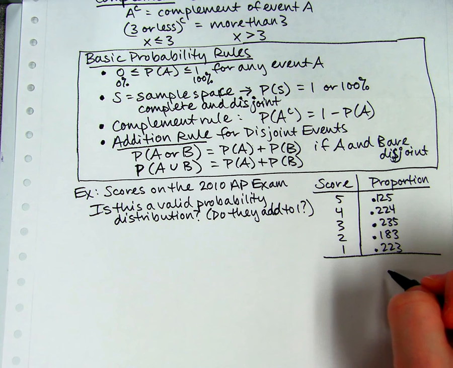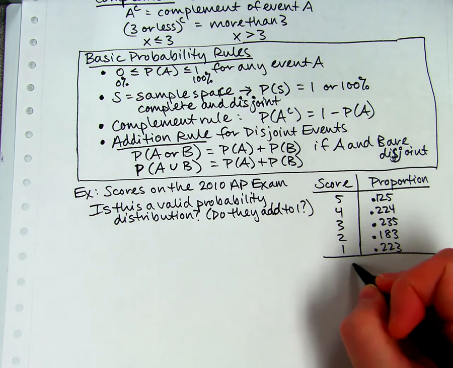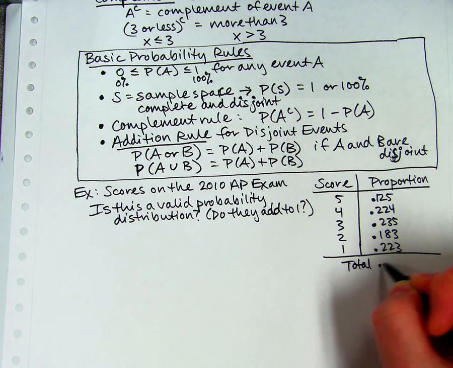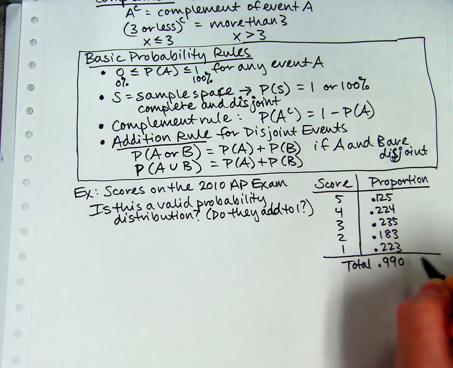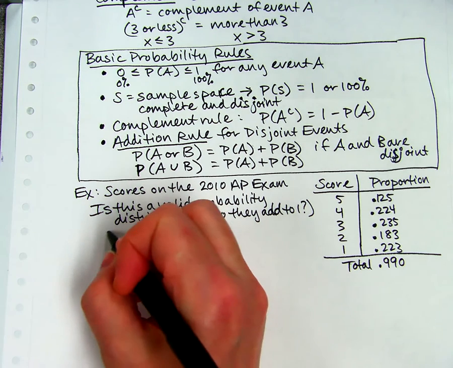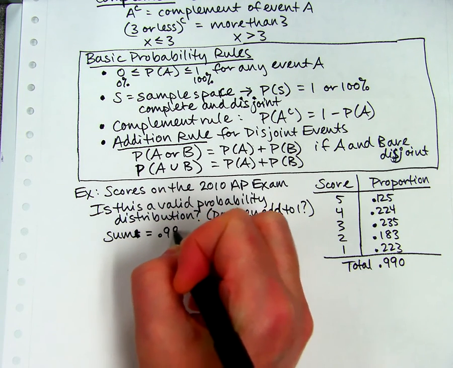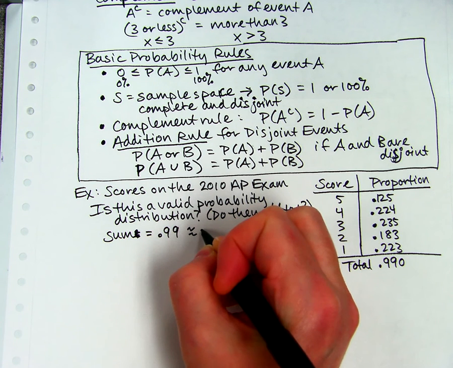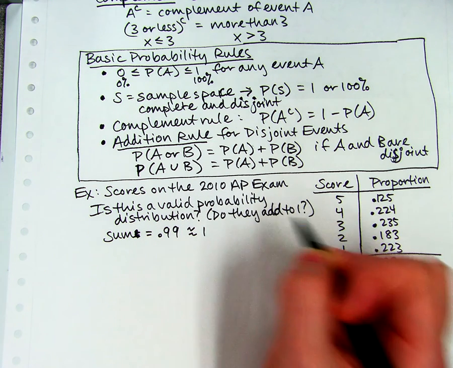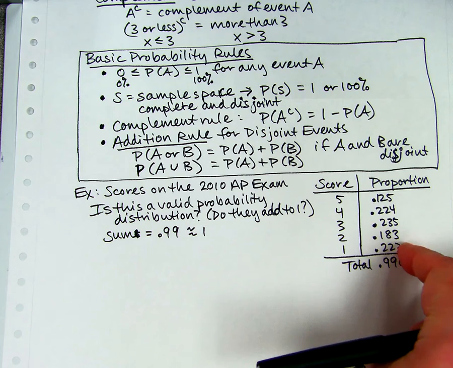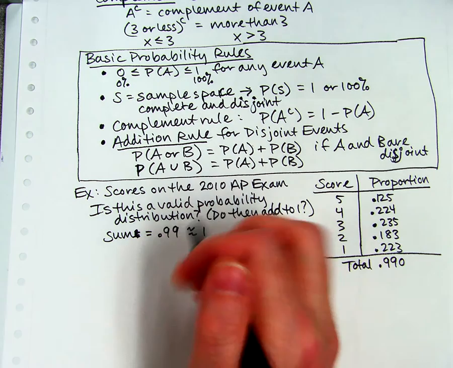If you add these up, it's kind of a little disappointing because the total, try it if you don't believe me, comes out to 0.99. That bothers me a little bit. The sum is 0.99, which is approximately 100%. What happened is probably these numbers got rounded off some, so they probably used to be longer and there are some round-off errors in there.